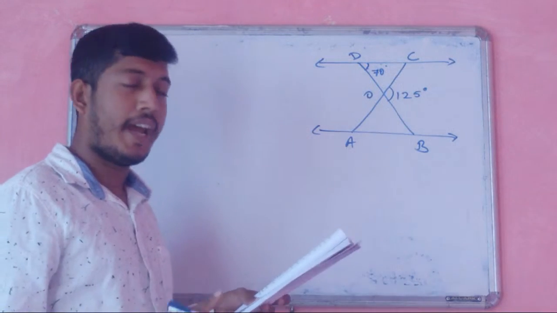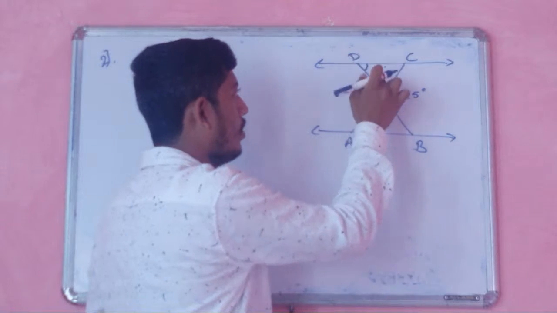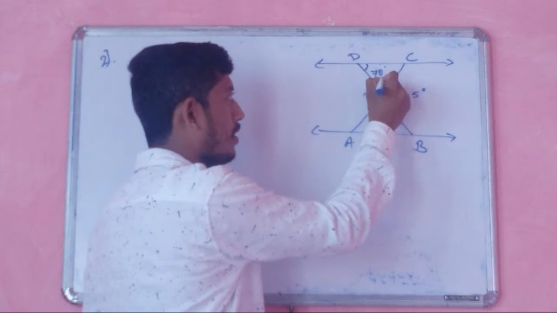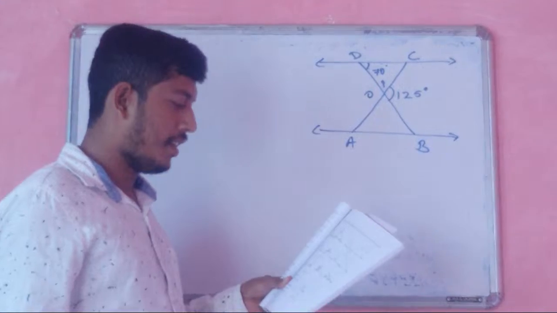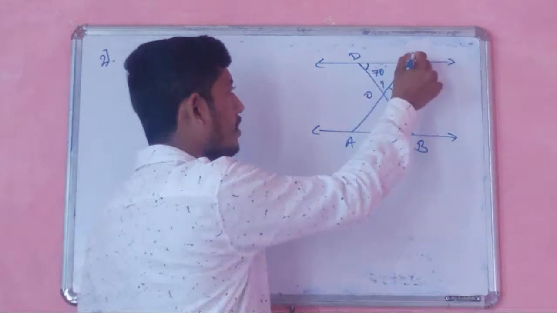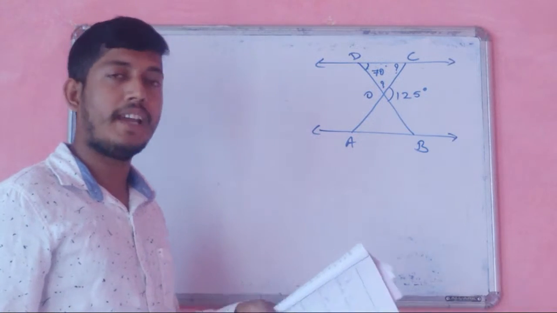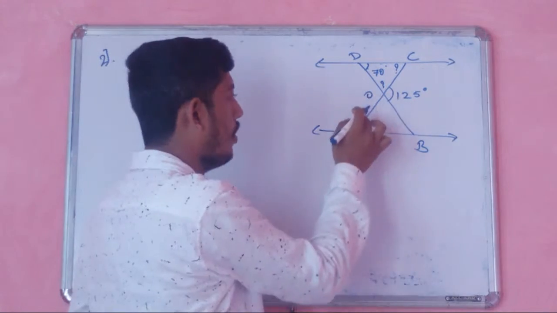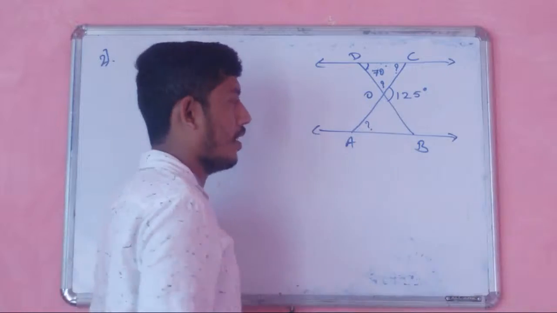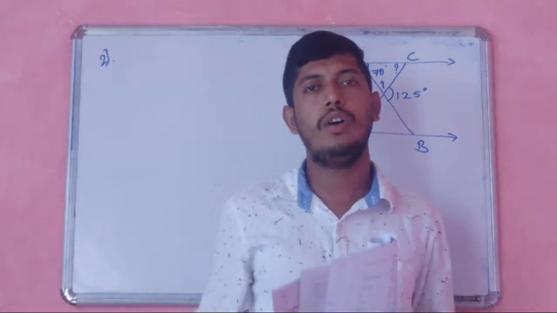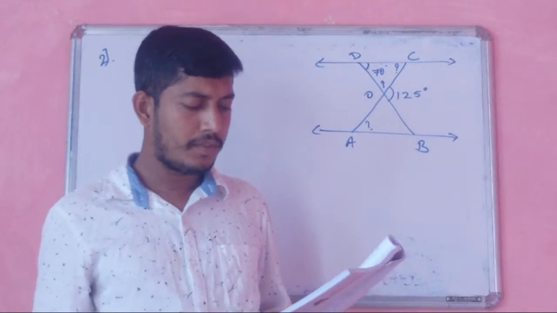Now we have to find angle DOC, that means this angle. Then DCO, we have to find this angle too. Then angle OAB, we have to find this angle. These three angles we have to find. First I will add the data.